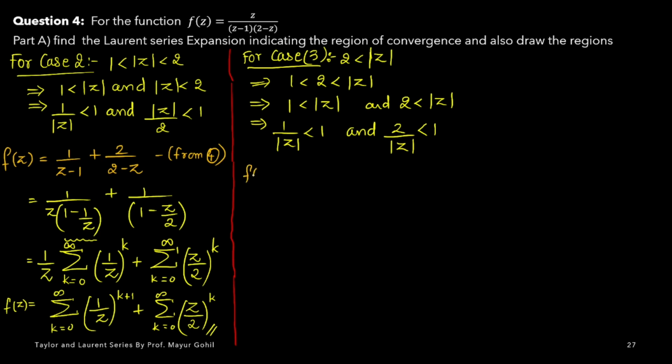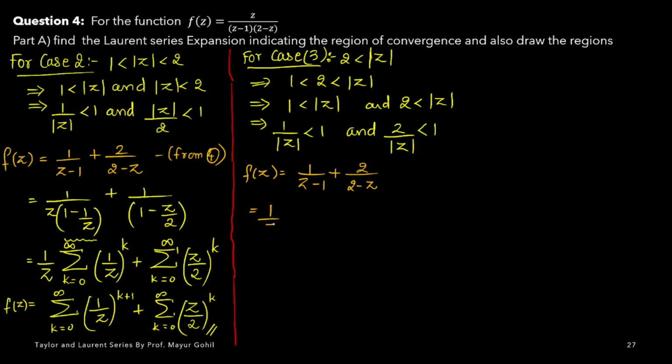So f of z partial fraction we have written down here: 1 upon z minus 1 plus 2 upon 2 minus z. Now we simplify this carefully.